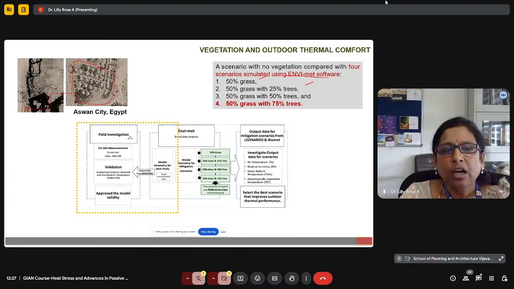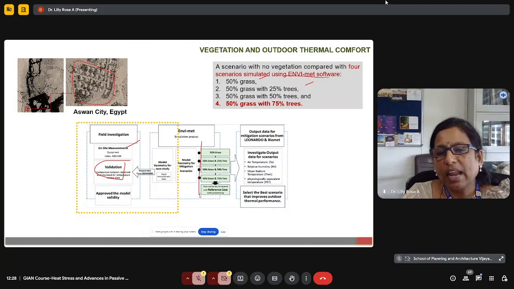We did mention on-site measurements are important. Dr. Fayez also mentioned that when we use simulation studies, validation is important. So when we simulate in software, we have to collect on-site measurements and validate those.